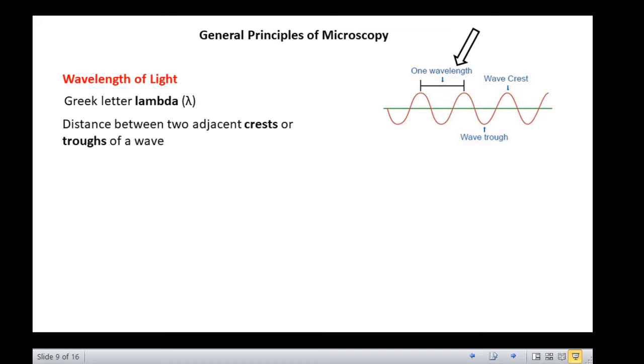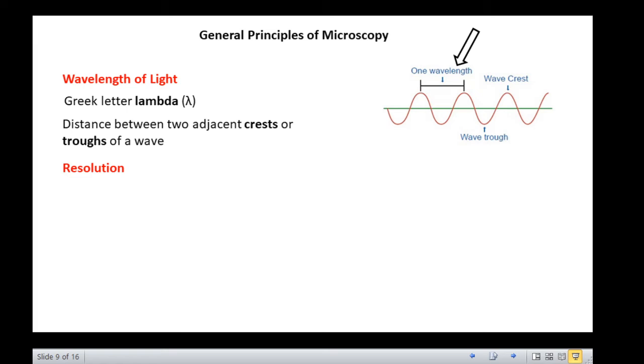Different colors have different wavelengths, like violet has a wavelength of 400 nanometers and red has a wavelength of 650 nanometers. The next term that you should be familiar with is resolution.